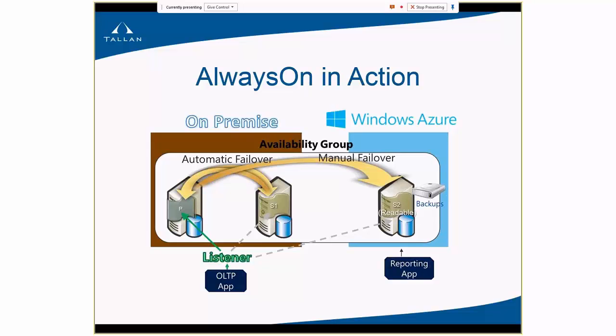This diagram is also cool because it shows the availability listener, and it shows you directing traffic. Your transactional traffic goes to the primary, and you can have read-only traffic go to a secondary. That's one of the really cool things about an availability group.